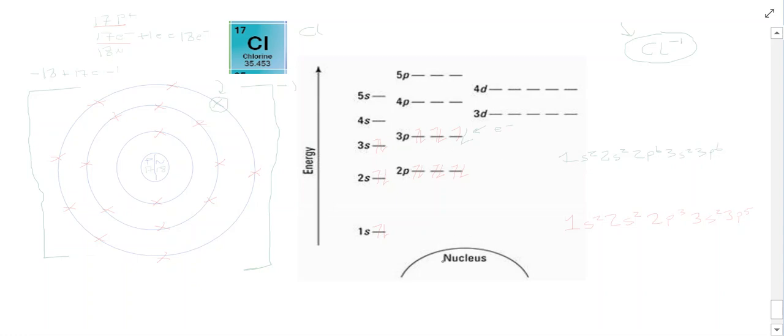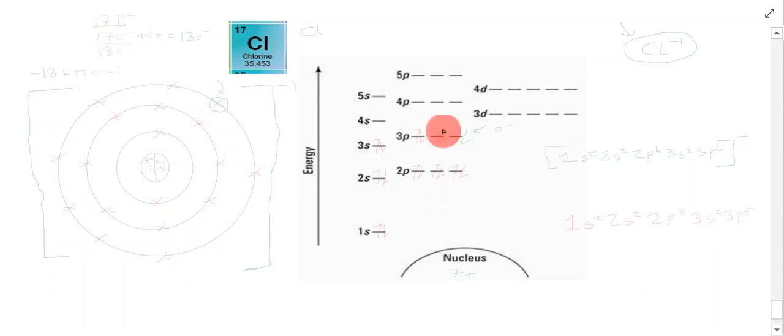And remember, you're going to have 17 positive charges in here, and now you have 18 negative charges coming from the 18 electrons. So this is what it will look like. You can write out the structure like this, and then in order to show that it's a negatively charged chlorine ion, you put brackets around it and you put a minus sign here.